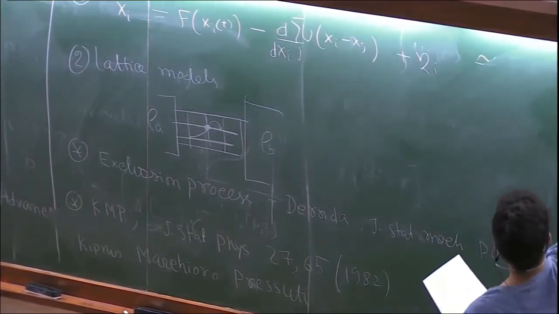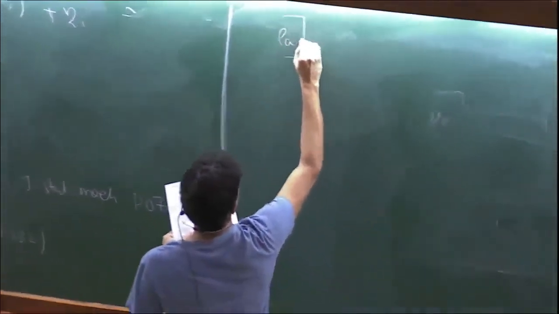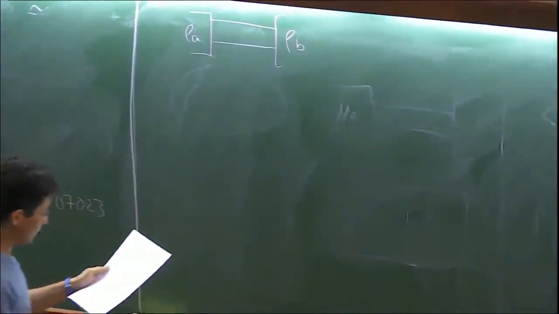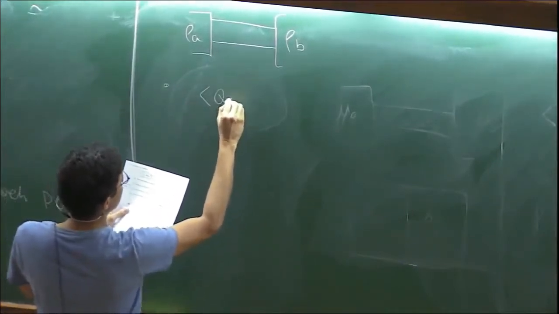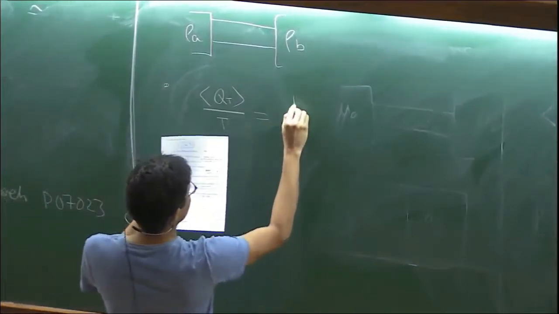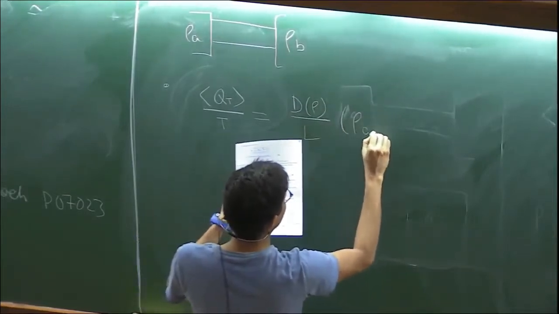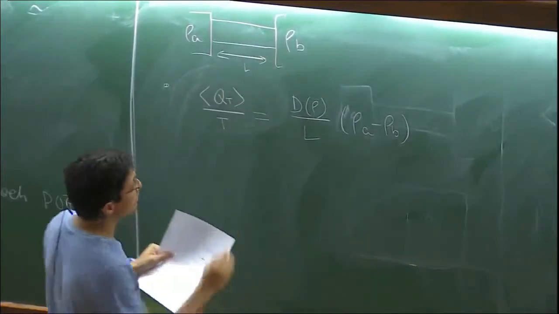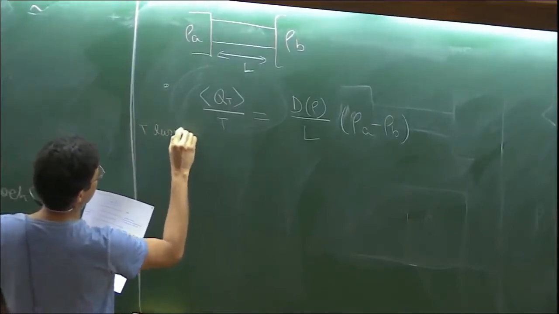In most cases, I'll have this picture in mind: if I take the system and couple it with two reservoirs, rho A and rho B, then I have the first property, the average current, Q_T divided by T. This goes as D of rho divided by L times (rho A minus rho B), where the system length L is large and also time is large.